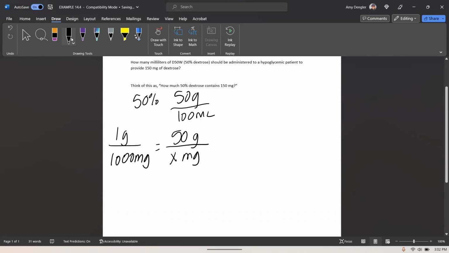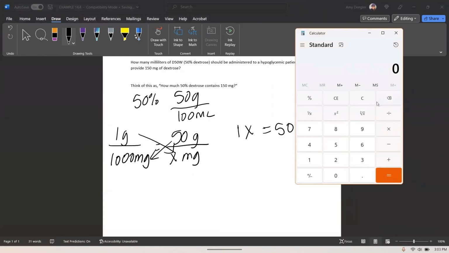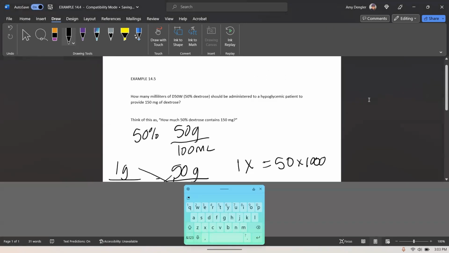All right, so now we need to cross multiply. So we have 1x is equal to 50 times 1,000. So we'll do the 50 times 1,000 first, which is 50,000.